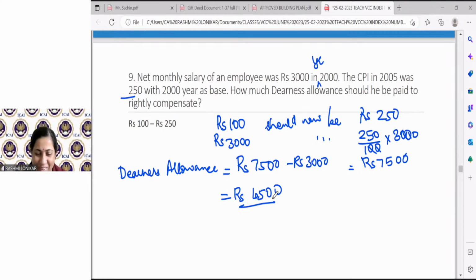Yes, Lizard. Pragati, what 1200 is what? Yes, Devendra. Okay, so earlier, if the person was getting 3000, you should now pay him 7500, so that whatever lifestyle he was used to earlier, he will be able to maintain that lifestyle.